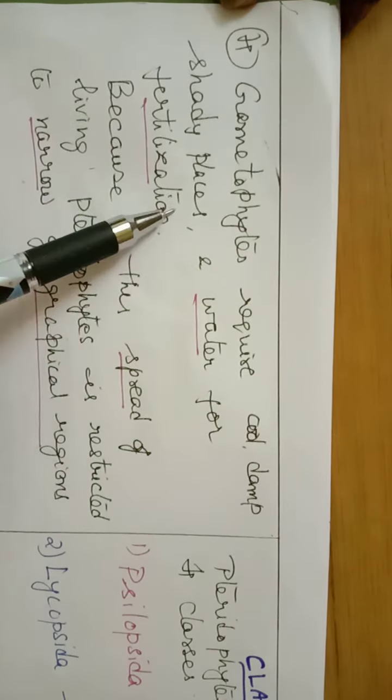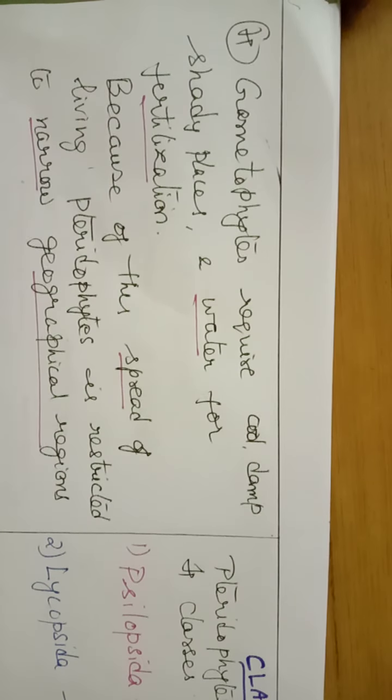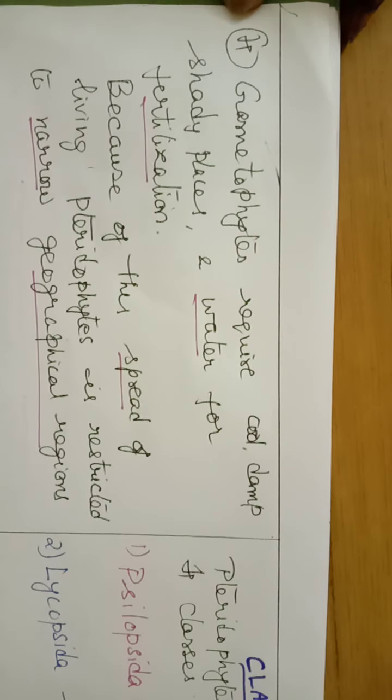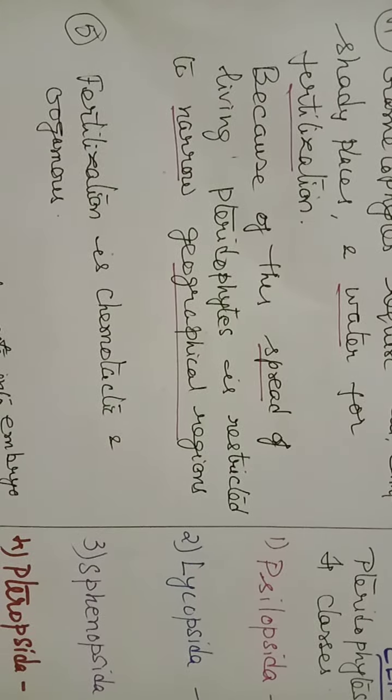Because of these reasons, the spread of the living pteridophytes is restricted to narrow geographical regions. That is, they cannot live in other places wherever water is not available. So narrow geographical regions means wherever water is available they can survive.